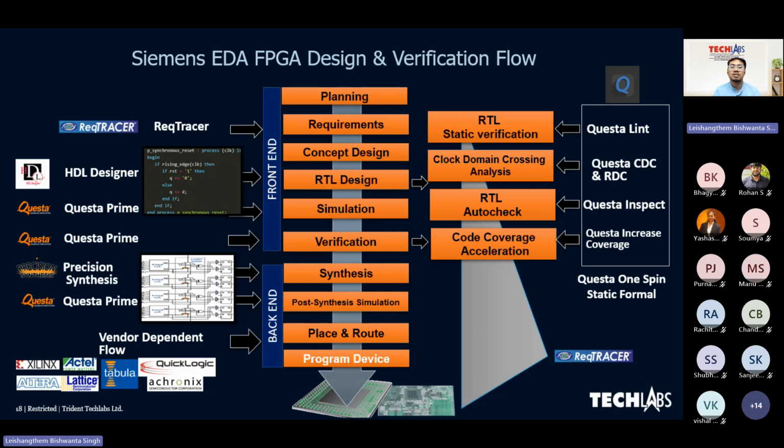Secondly, when you deal with more complex clock domains in your design, performing clock domain crossing analysis is very important. This becomes very important when you go for higher levels like level A and B. You need to produce this particular artifact of the performance of your design with clock domain crossing analysis and reset domain crossing analysis. For that, Siemens EDA has Questa RDC and CDC.